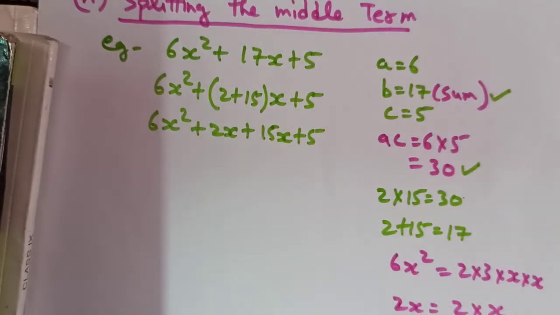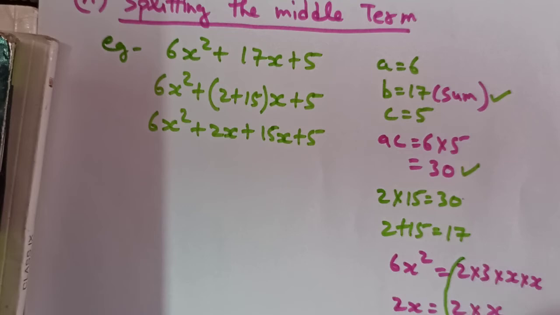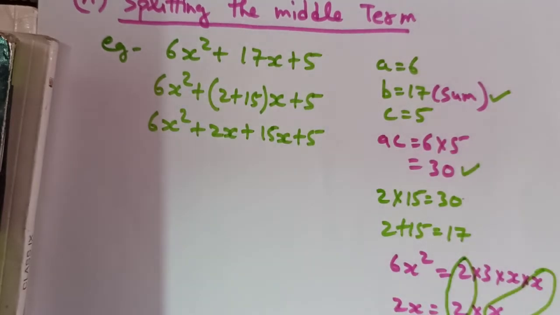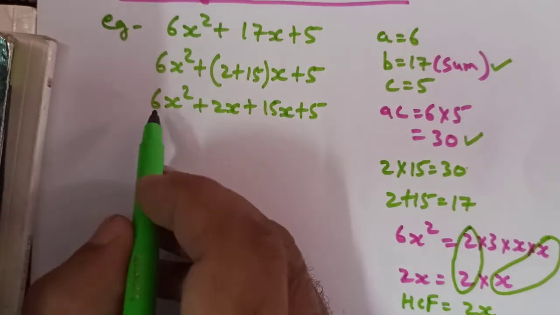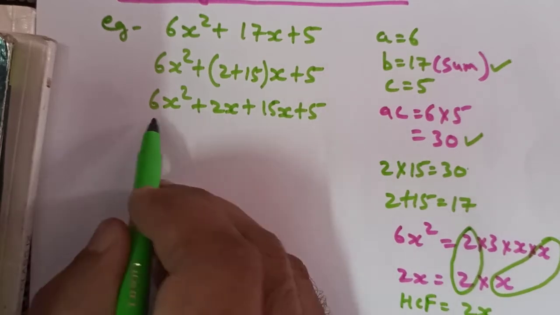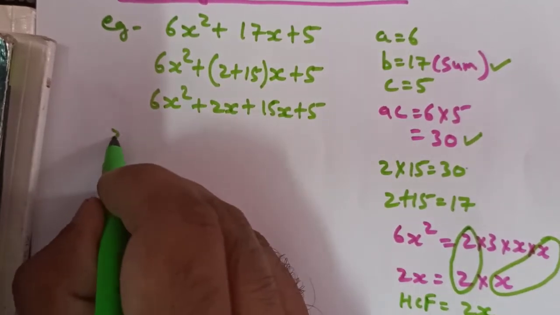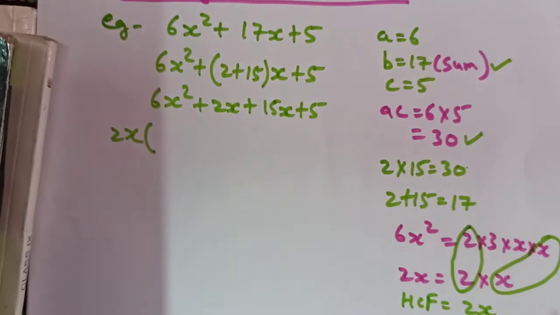So what is the HCF? The HCF will be 2x. Is that clear? This is the highest common factor, 2x. Since the highest common factor between the first two terms is 2x, 2x will be taken out. And once we have taken out 2x from 6x square, what is left?